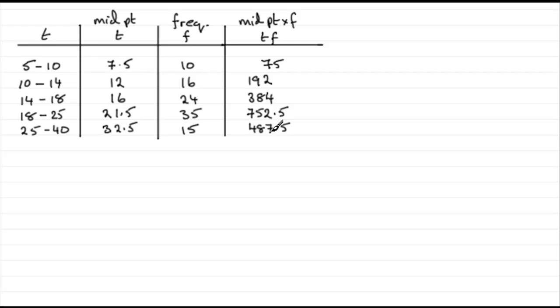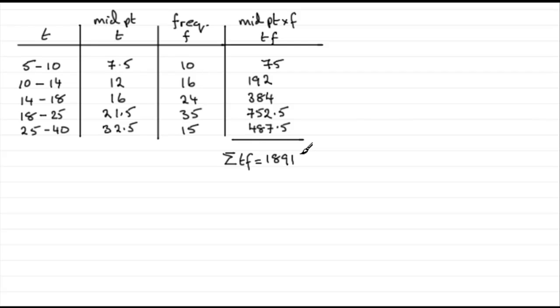Now, to estimate that mean, what we need to do is total up the column of midpoint times frequency. That's often written as sigma, for the sum of, and in this case it's going to be sigma TF. Add this column up and you should find it comes to 1891.